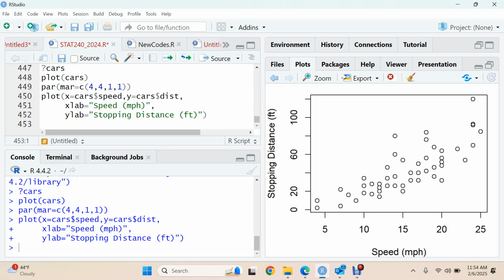What is positive relationship? As speed increases, the stopping distance also increases.